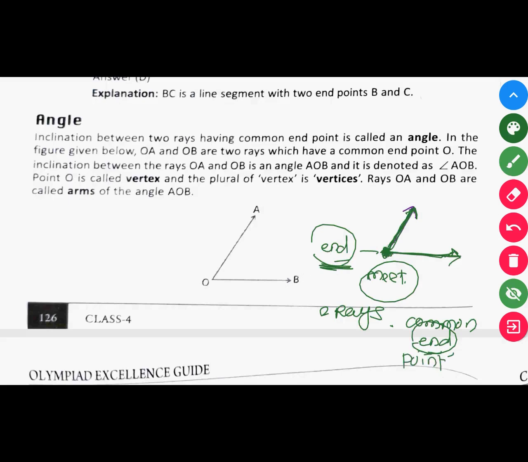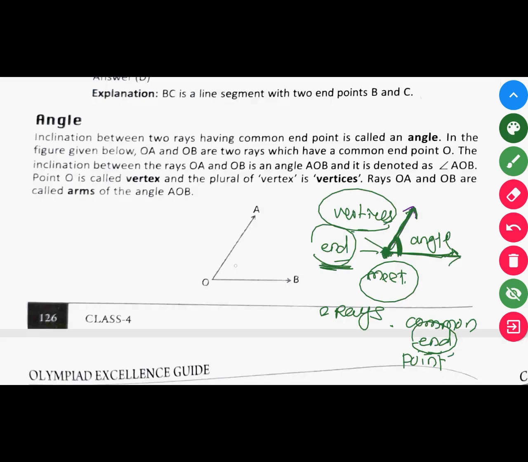Where they meet, they form one cone, that is known as the angle, and this point is known as the vertex.